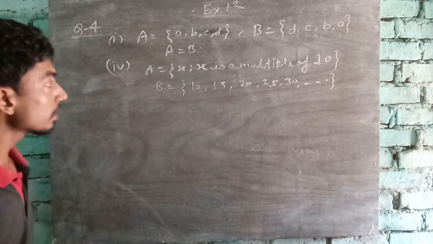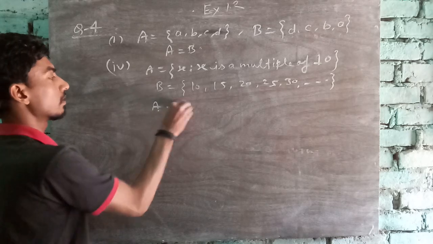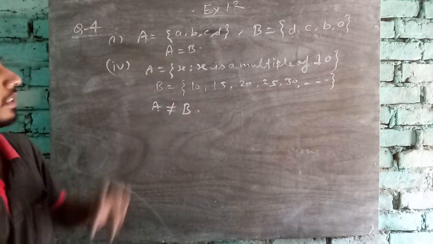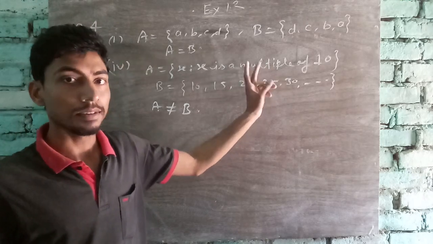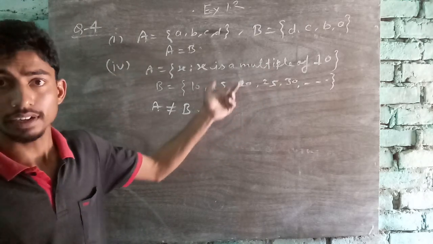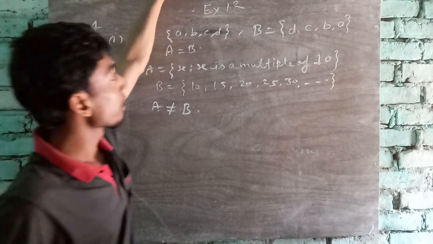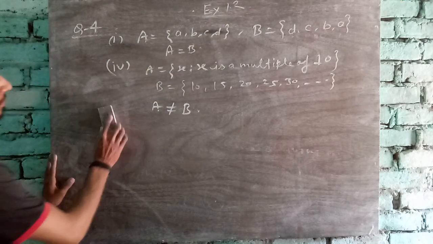Okay, therefore this is not equal. In this collection you can write 10, 20, 30 multiples of 10, therefore both are not equal.